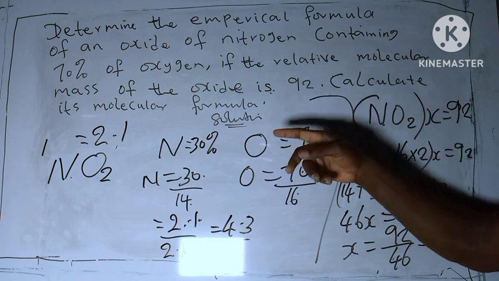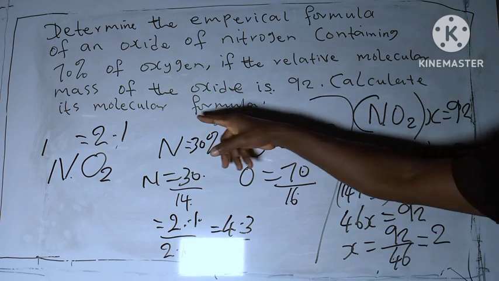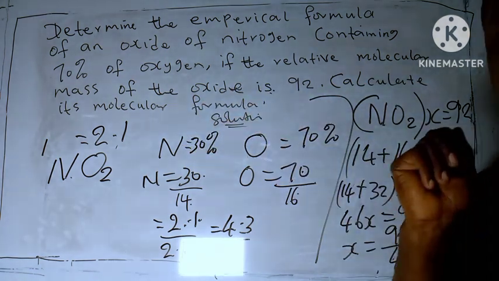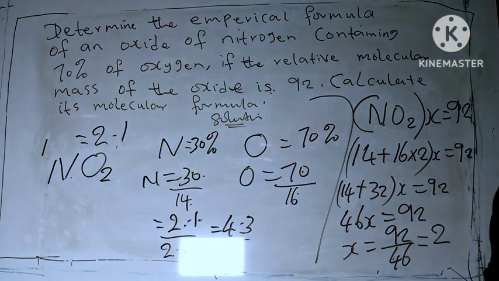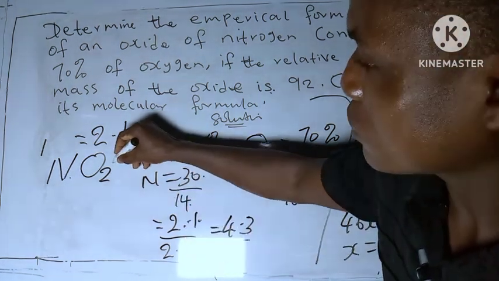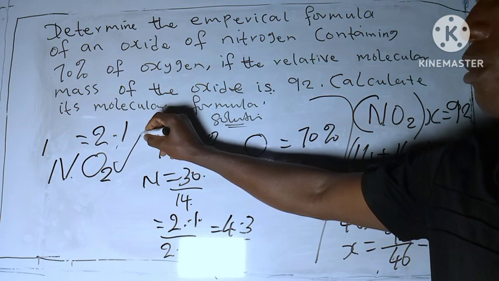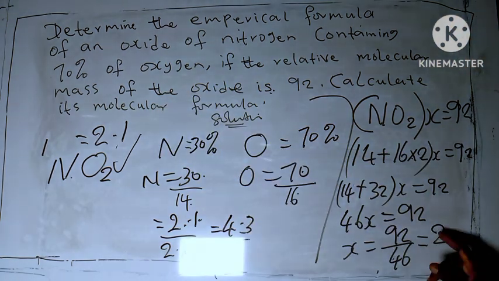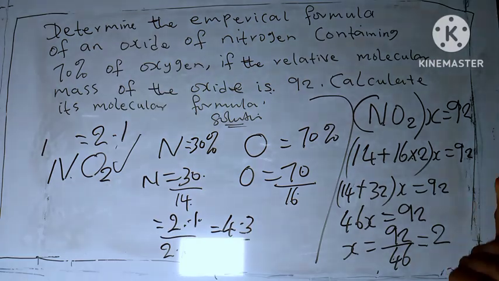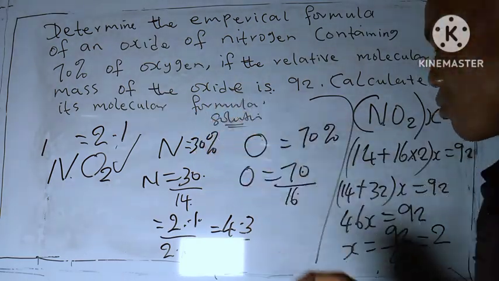They said we should calculate for the molecular formula. So let's write down the molecular formula they are asking for. Note that this nitrogen(IV) oxide is the empirical formula. So let's write down the molecular formula. This is how to write the molecular formula.